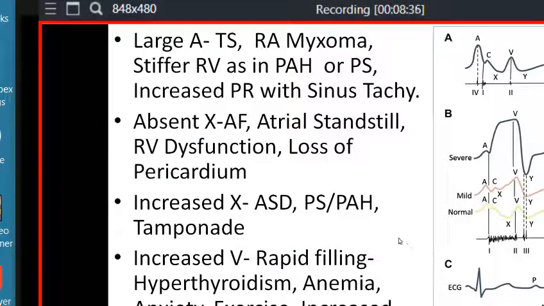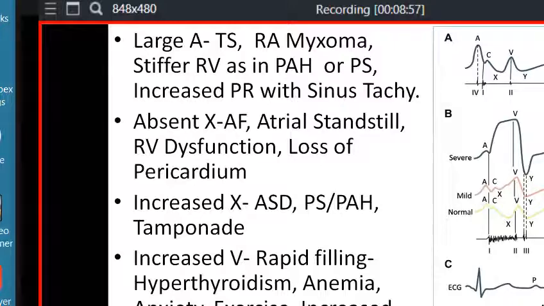And then the increased V wave. When do you get this increased V wave? This is the systolic ventricular filling wave, which means during the ventricular systole, the atria is being filled. That is the V wave. So whenever you get rapid filling or more filling, like in hyperthyroidism, anemia, anxiety, exercise, you get large V waves.